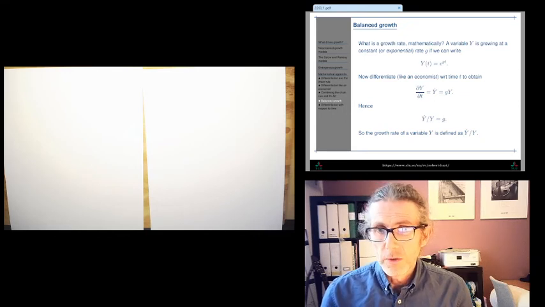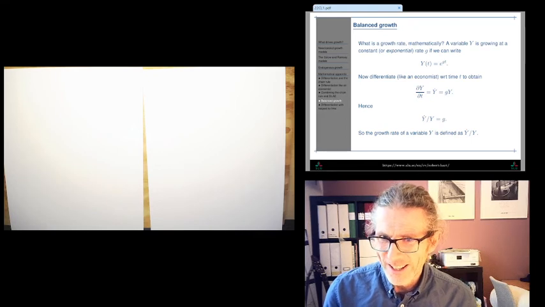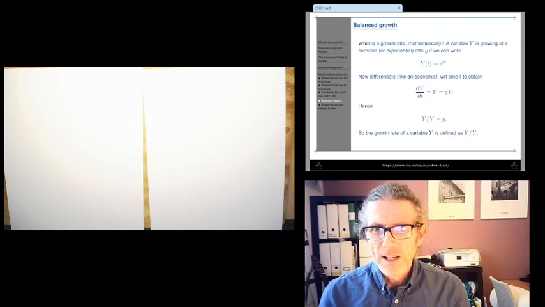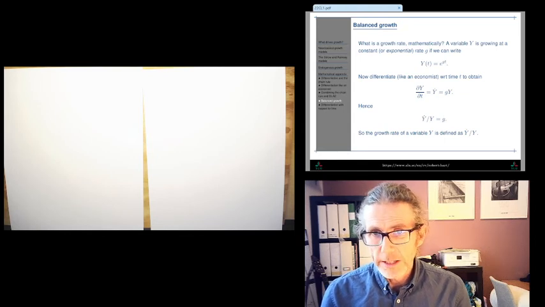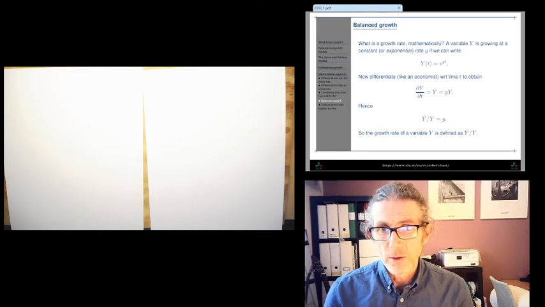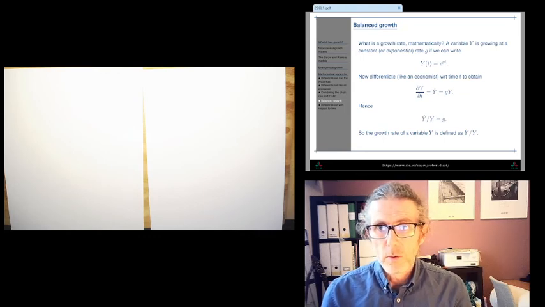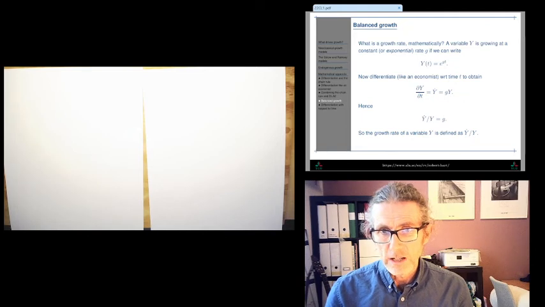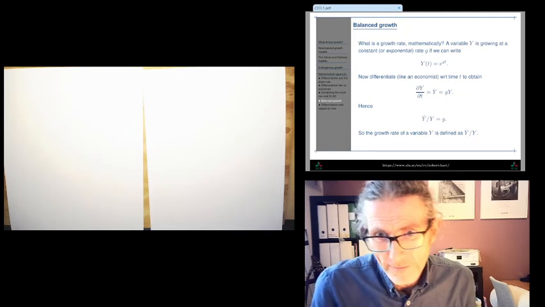But of course, differentiating like an economist, it's just gy. And that tells us straight away, y dot is gy, so y dot over y is g. So another way of defining constant growth is when y dot over y is constant. And y dot over y is the growth rate of a variable y.